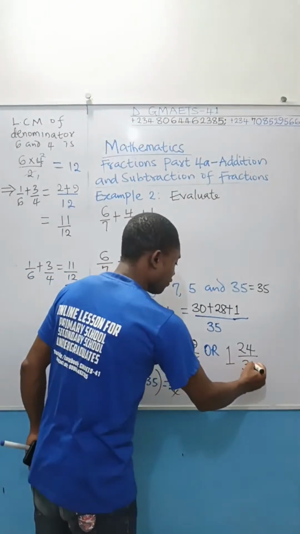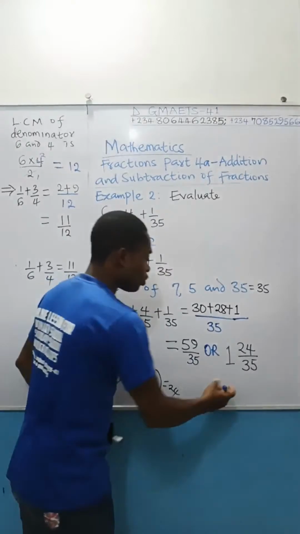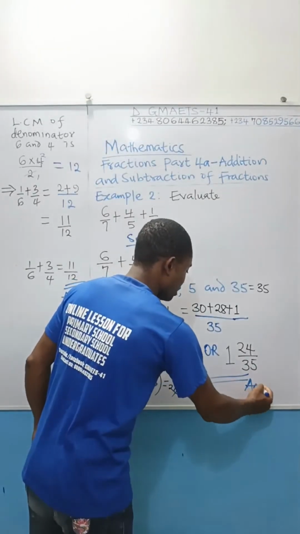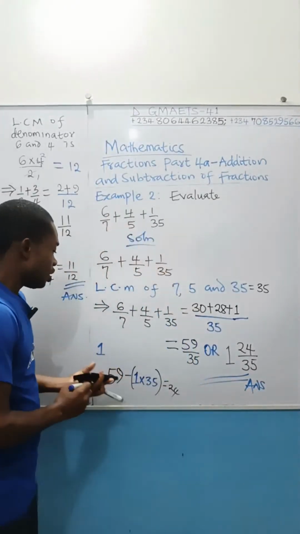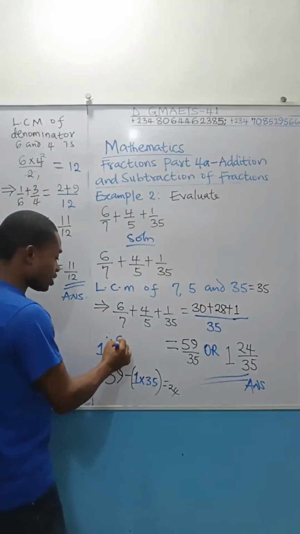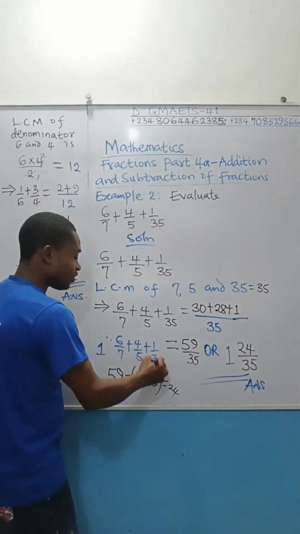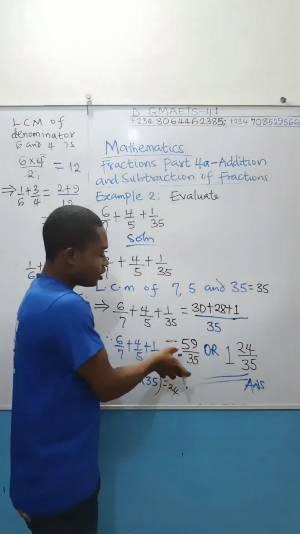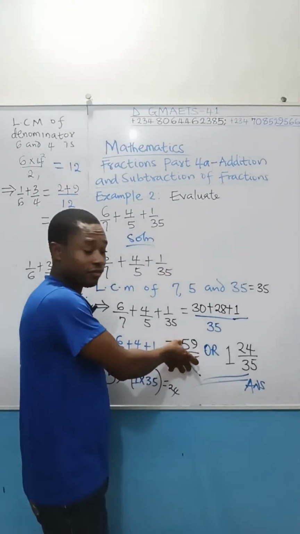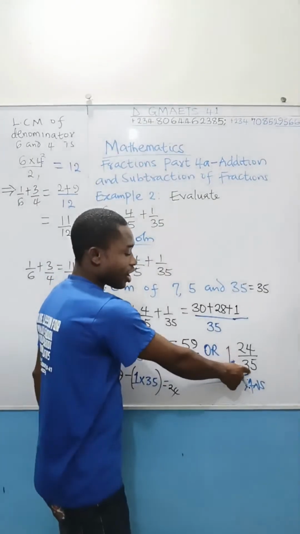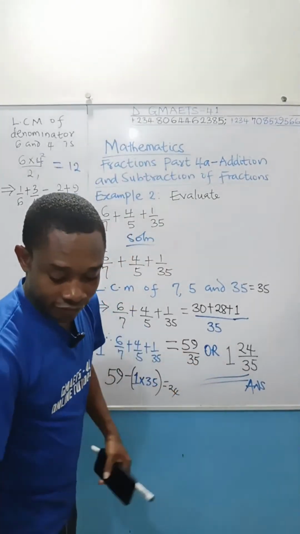We used 35 to divide. So this is how we obtain our answer. So we are saying conclusively, therefore, that 6 over 7 plus 4 over 5 plus 1 over 35, the answer is either 59 over 35 or 1 whole number 24 over 35.